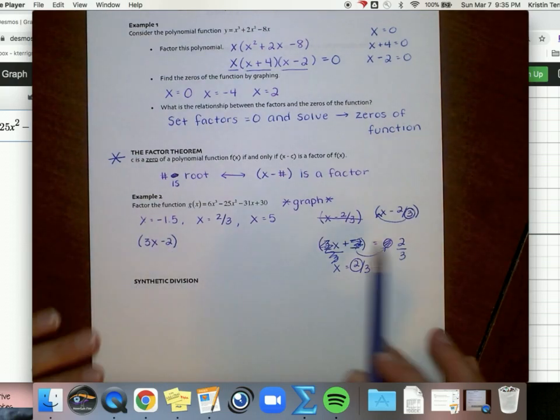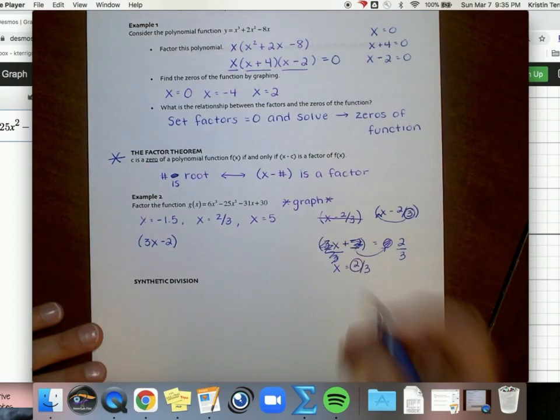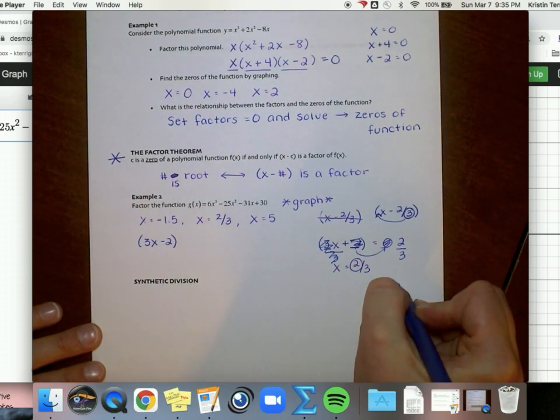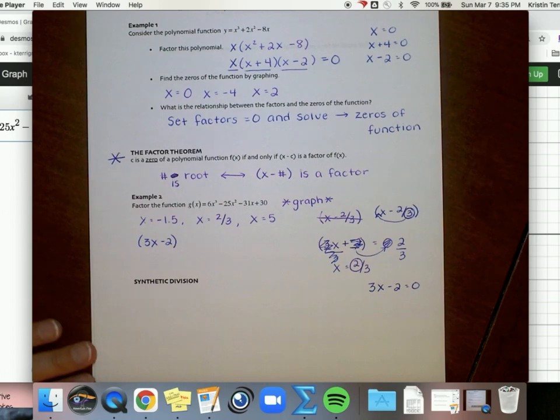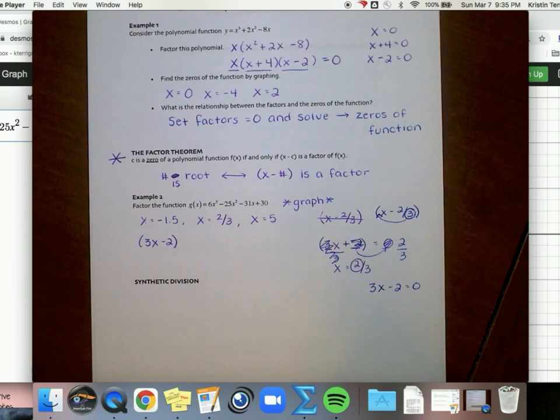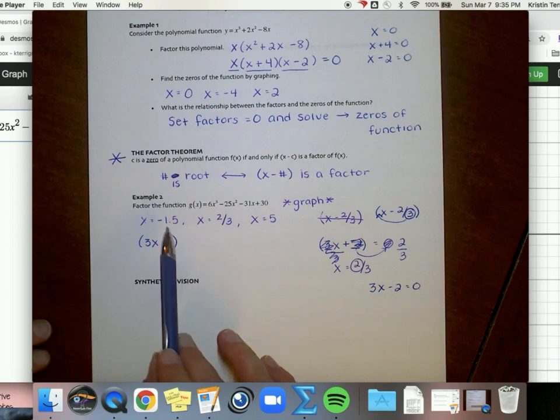So again, if you didn't follow what I was doing here, think to yourself, if I had 3x minus 2 equal to 0 and I solved that, does it make sense to you that 2/3 would come out as the answer? Because I would move the 2 to the right and then I would divide by the 3 and I would have my 2/3.